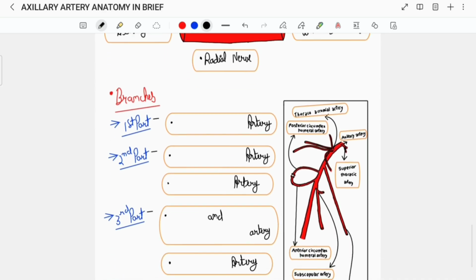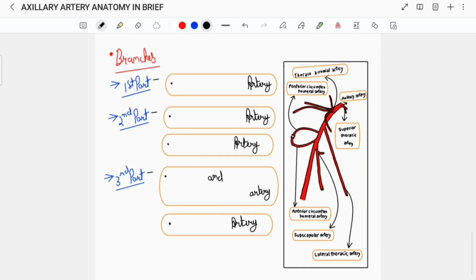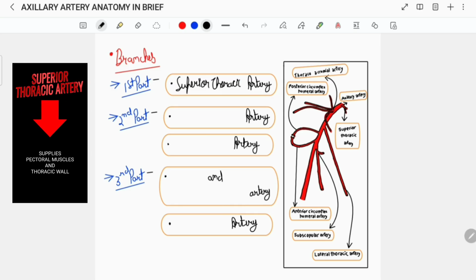The first part of the axillary artery gives a branch known as the superior thoracic artery. The superior thoracic artery supplies the two pectoral muscles and the thoracic wall.